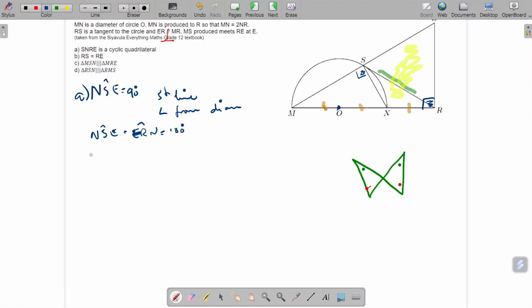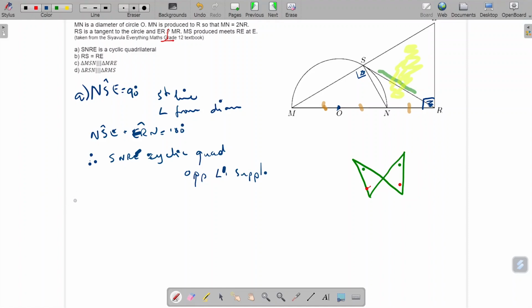Therefore, we have that SNRE is a cyclic quad. Oh gosh, I will get better at this, because the opposite angles are supplementary.